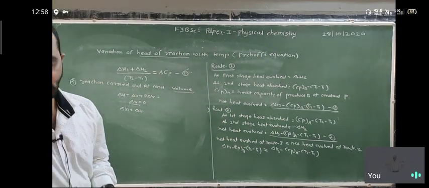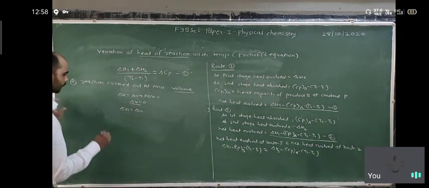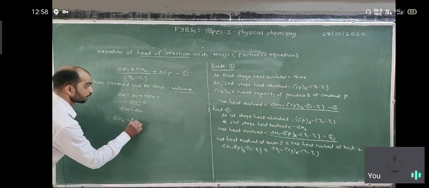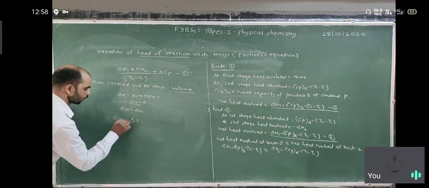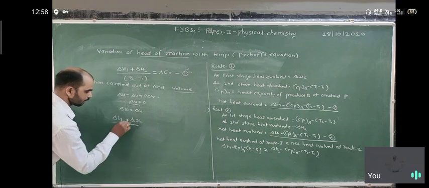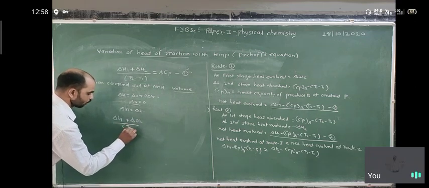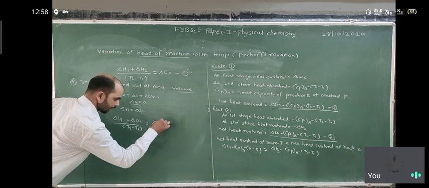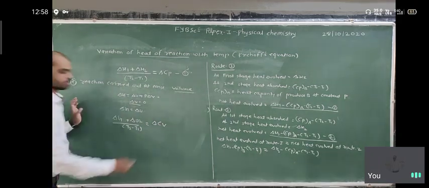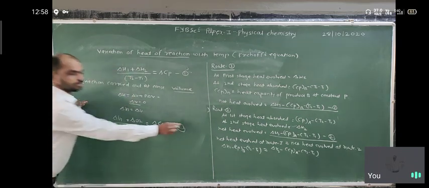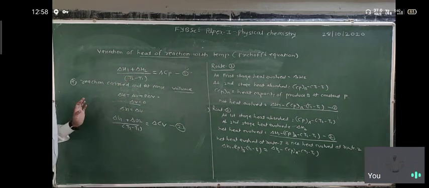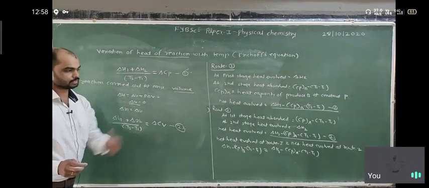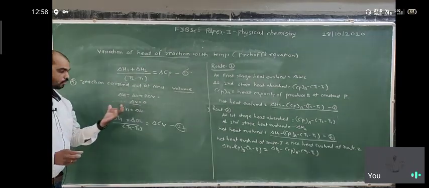If we put the value of this in the given equation, we get the same equation, (delta U1 plus delta U2) upon (T2 minus T1) is equal to change in heat capacity at constant volume. We are getting the same equation. There we kept the pressure constant, here we solve the same way, and here the volume is constant.